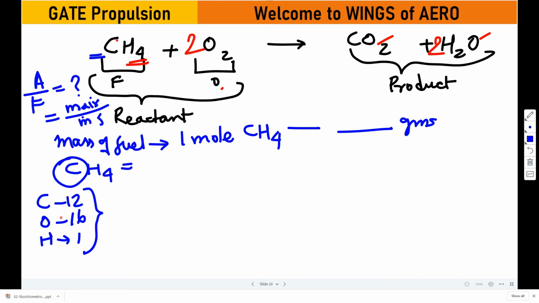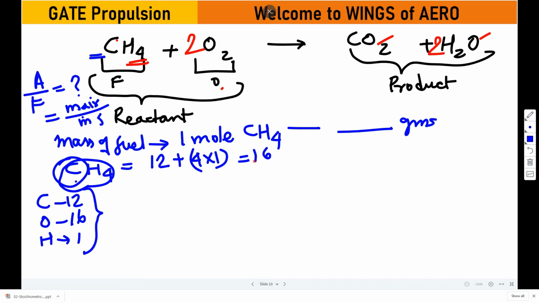So these are the individual atomic weights. C is an atom, O, H are atoms, and when I compile them, we have one kind of molecule. So when we add together, how am I going to add? C we have only 1, so 12. We have 4 hydrogen. So when we combine 4 plus 12, we get 16, right?